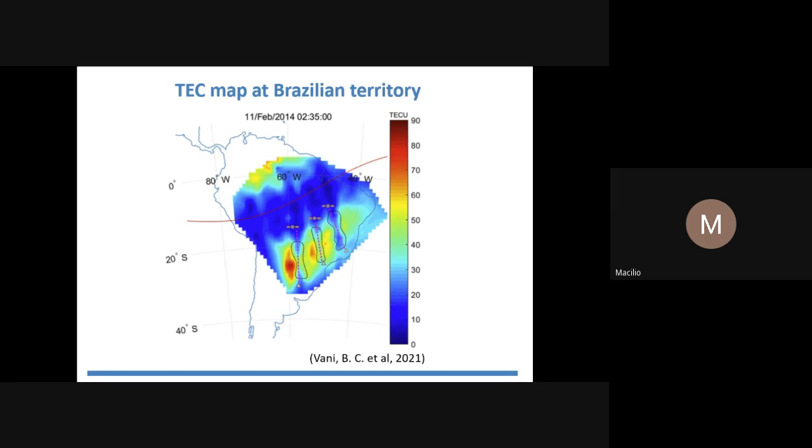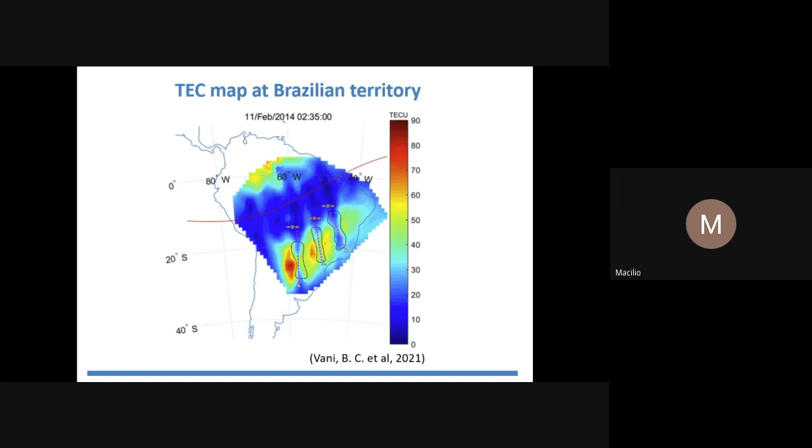This line means the magnetic equator, and we can observe symmetry about this line. Okay. It's interesting to observe that density in these regions is lower than the rest. Probably here we have bubbles of plasma.